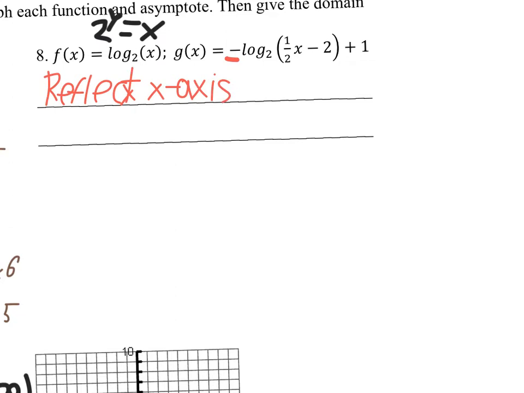The log base 2 is the same as it is in the parent function. So we next look, we have that 1/2 x. Now that 1/2 is inside those parentheses. The parentheses are aligned to us. So that 1/2 is actually going to be a horizontal stretch of whatever 1/2 reciprocal is, 2. All right.